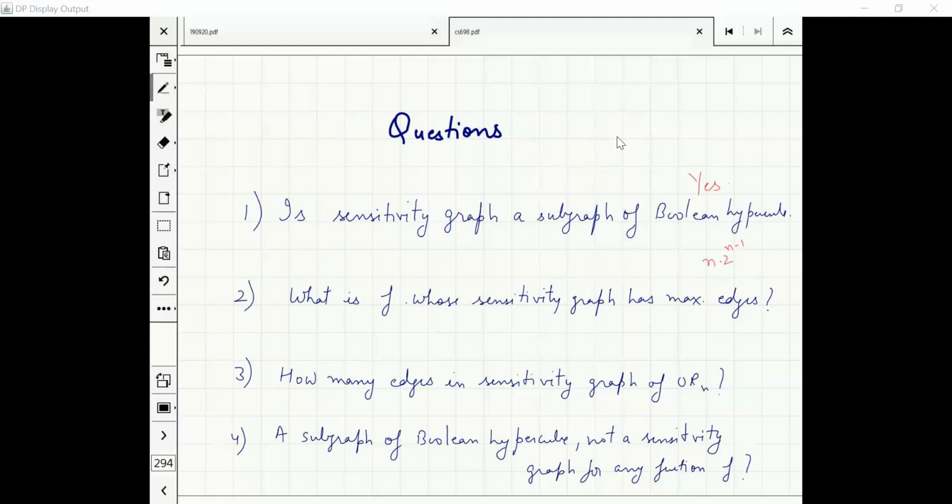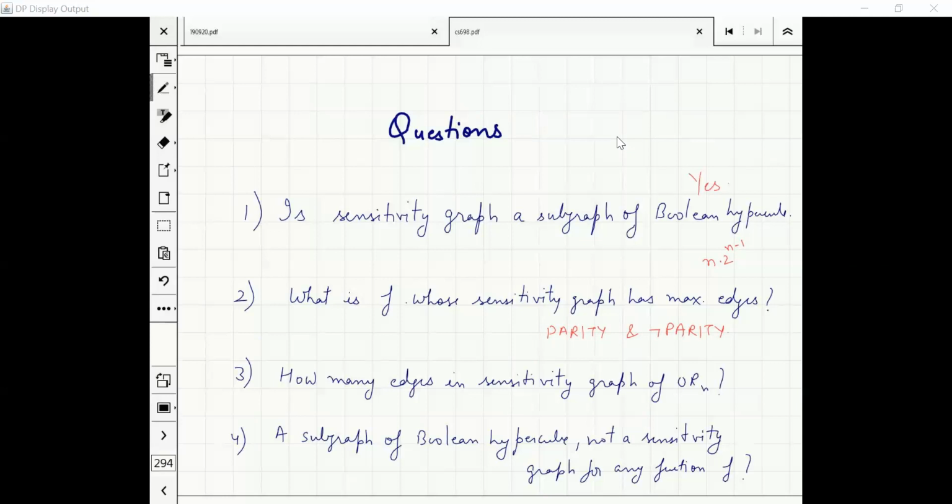Very good. But there are two functions, parity and not of parity. As an exercise, not now, you can take it home, you can try to show that these are the only two functions whose sensitivity graph has all the edges of the Boolean hypercube. That is not hard.